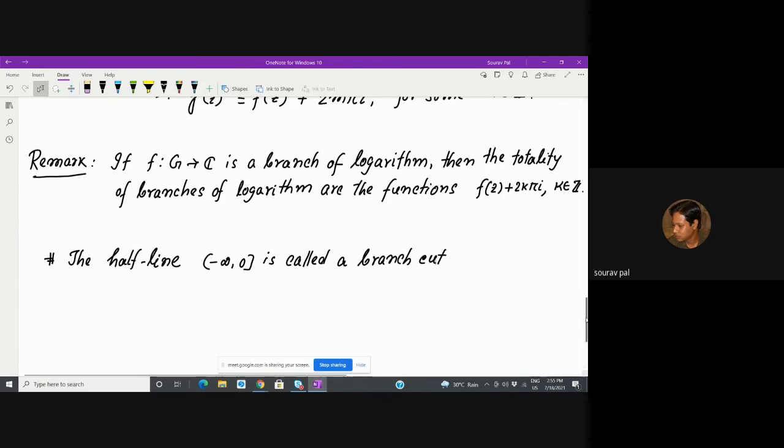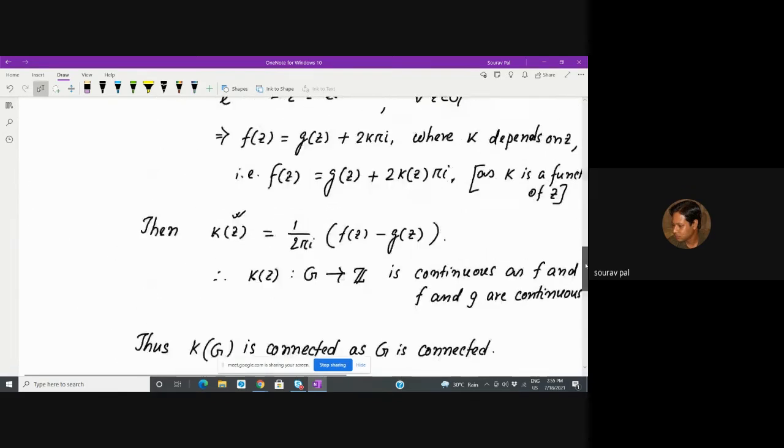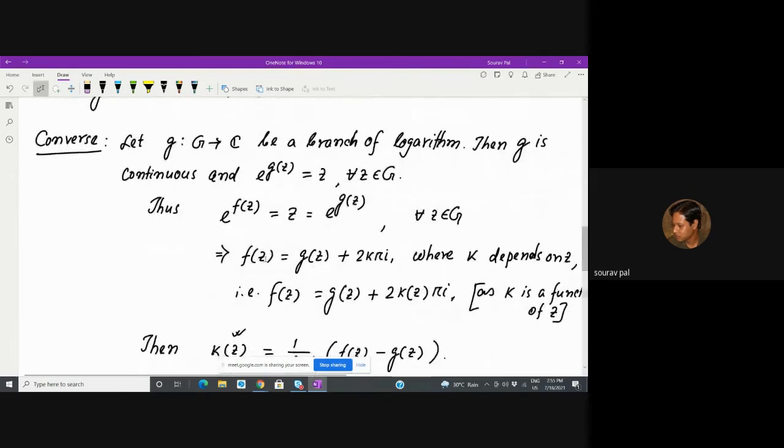Because here we are choosing functions. We are not choosing a particular point here. You just look at here we are defining a function. This z varies over all G. Whenever we are saying e to the f(z) equal to e to the g(z), it holds for all z, right? So for every particular z you have this.